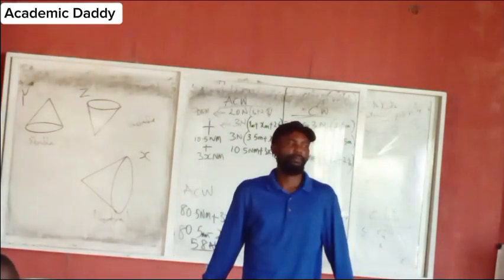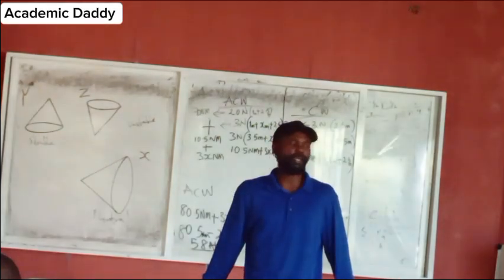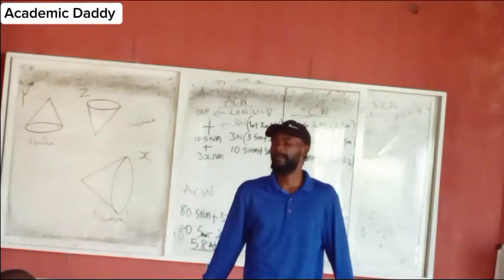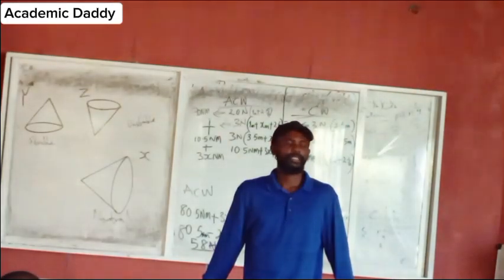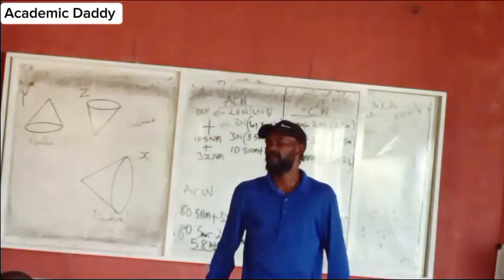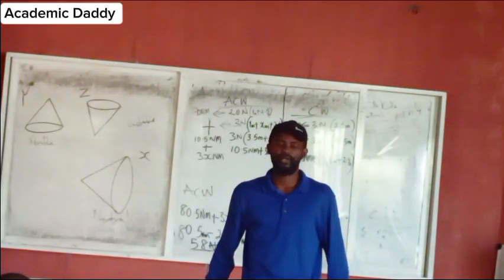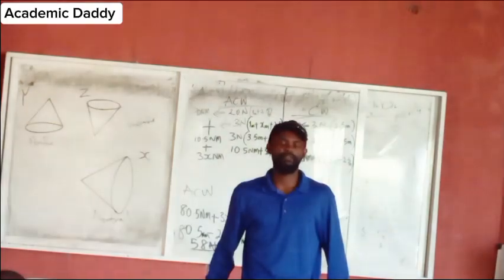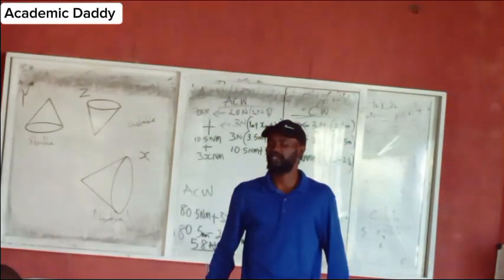1. For dynamic equilibrium to be attained, velocity must be constant, or you say velocity must be steady.